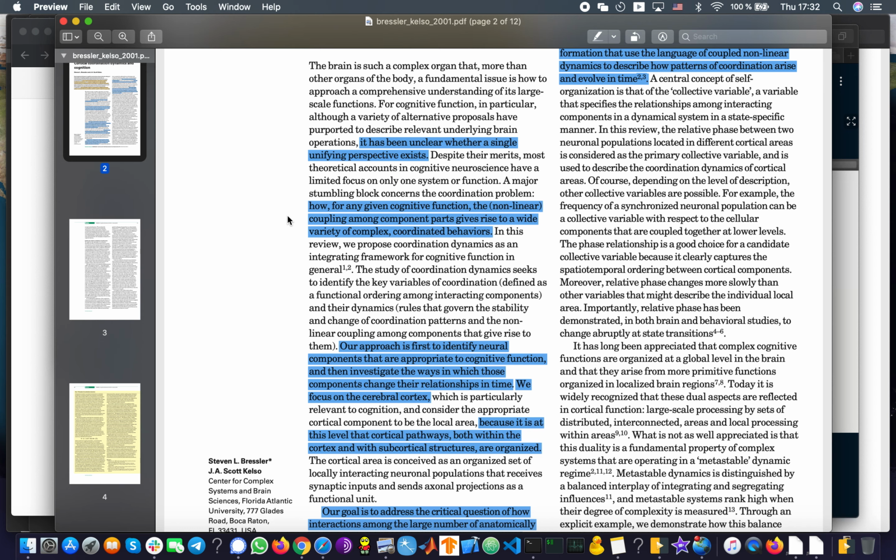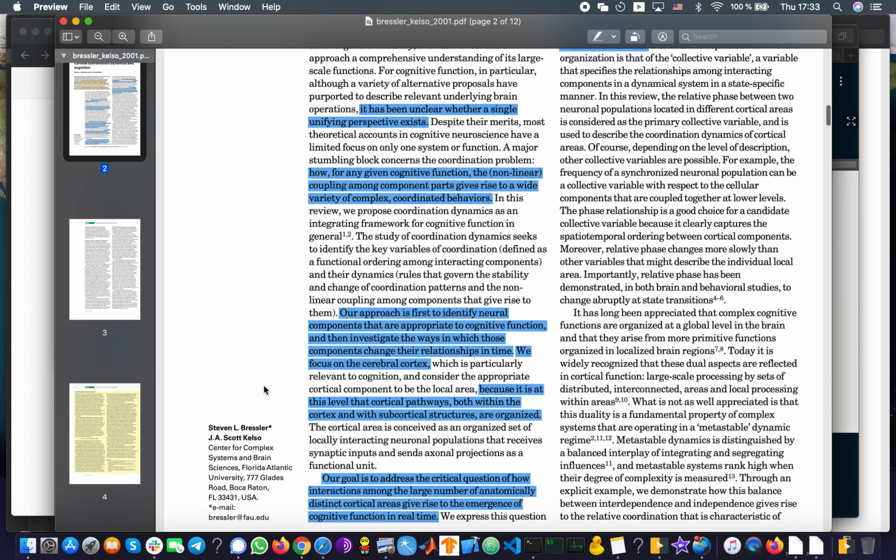They say that for a given cognitive function, the nonlinear coupling among component parts gives rise to a wide variety of complex coordinated behaviors. Our approach is first to identify neural components that are appropriate to cognitive function, and then investigate the ways in which those components change their relations in time.